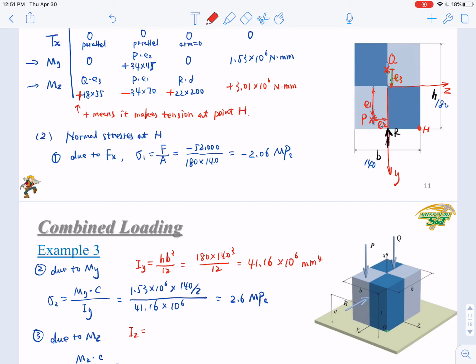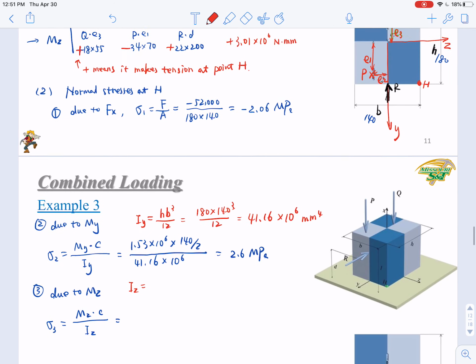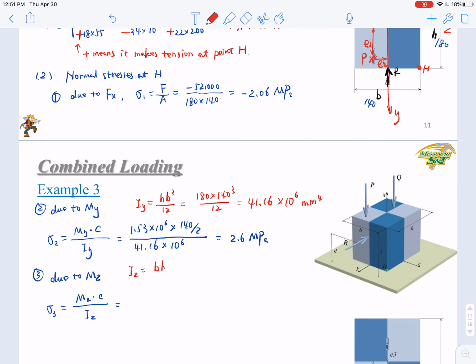If the bending moment is with respect to the z-axis, then the I will be bh cubed over 12, right? 140 times 180 cubed over 12. It would be 68.04 million.